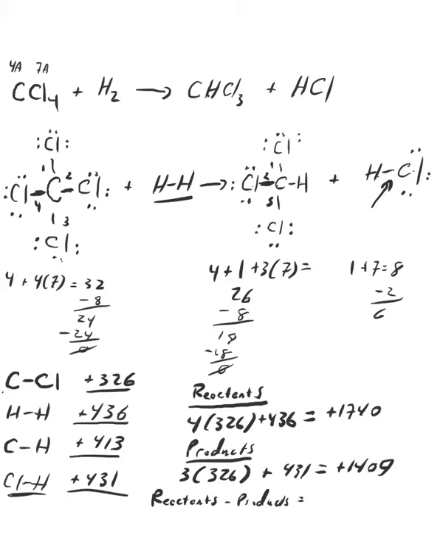So that would be 1740 minus 1409. Now look at this one. This one is what, 331 kilojoules per mole. These are all kilojoules per mole. Okay. Endothermic.